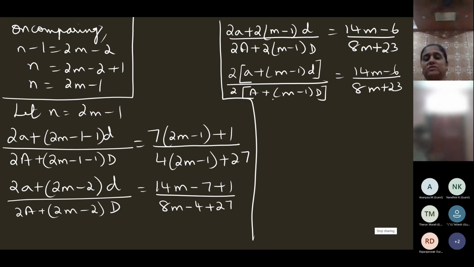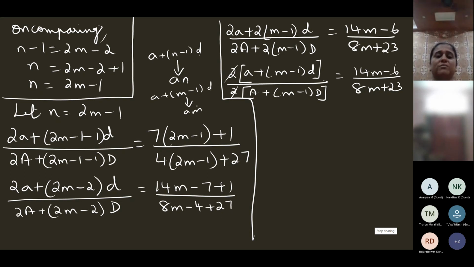Then next, cancel the 2. Now what is a plus n minus 1 into d? It is an. Then what is a plus m minus 1 into d?